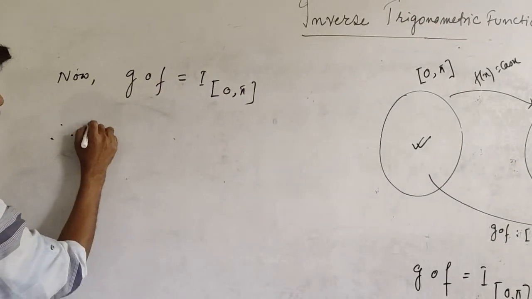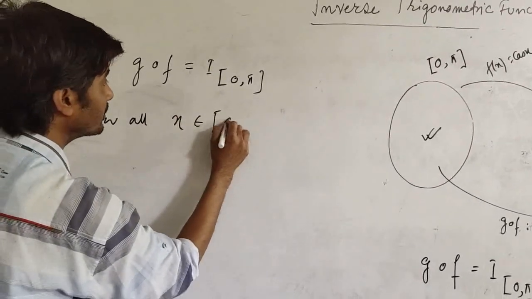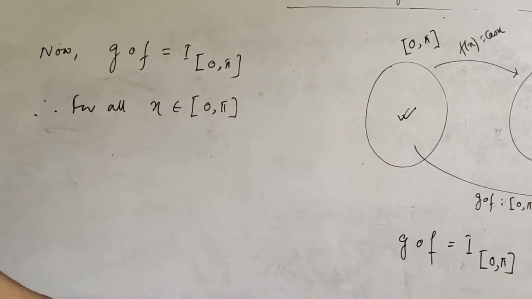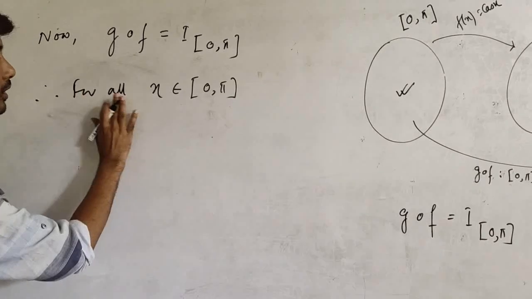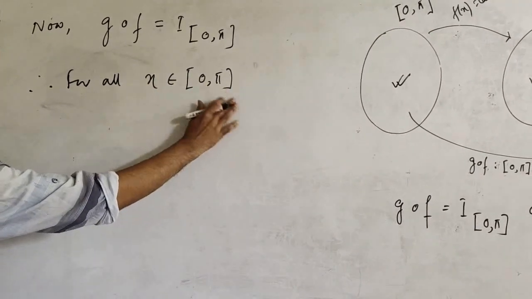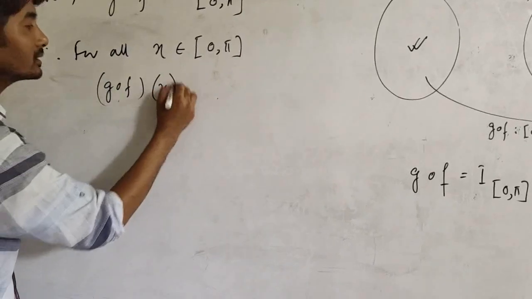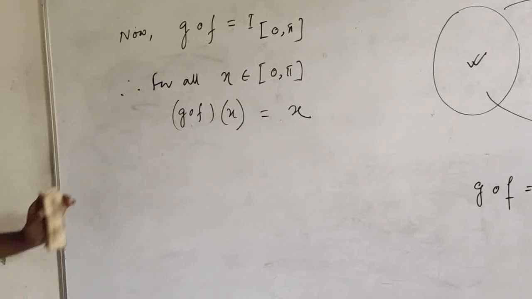Therefore, for all x belongs to this interval, if I use the definition of an identity function, then we see that for all x belongs to this interval 0 to pi, we have g of f x. This will give us x. That is the definition of an identity function.